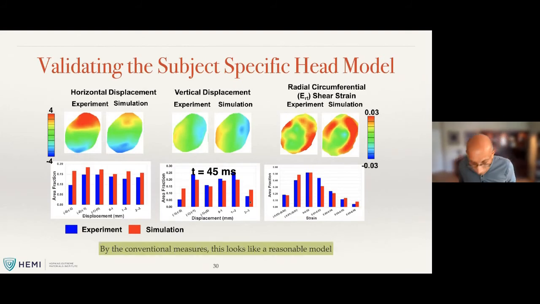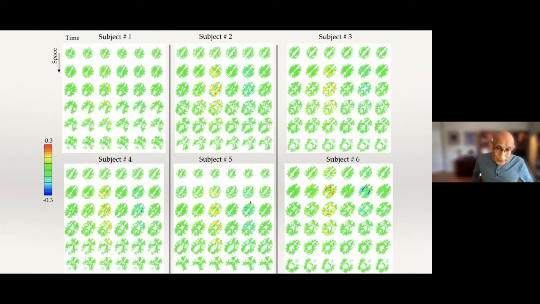Now I should be able to go look at injury. Before I do that, let me point out something. Each of us is different. So here are 6 different people. For each of them, I'm showing you the simulation results I'm plotting here. And you see that every one of them behaves differently in terms of the same motions.